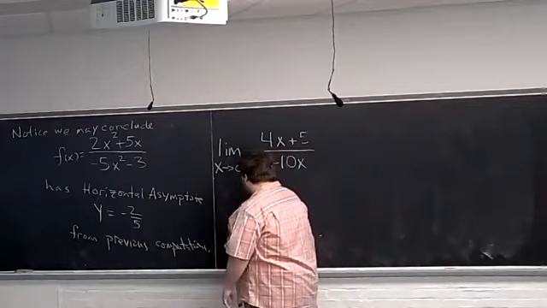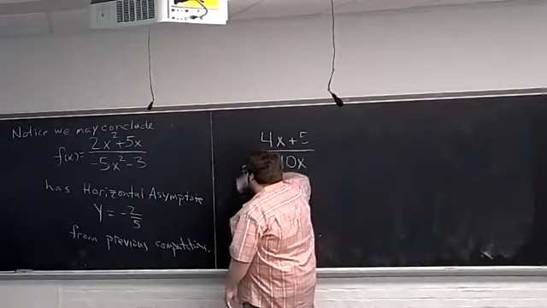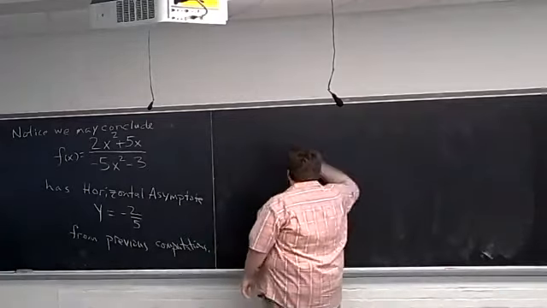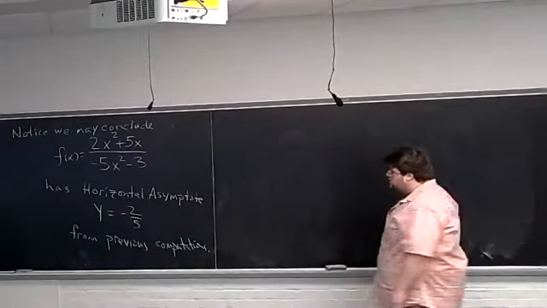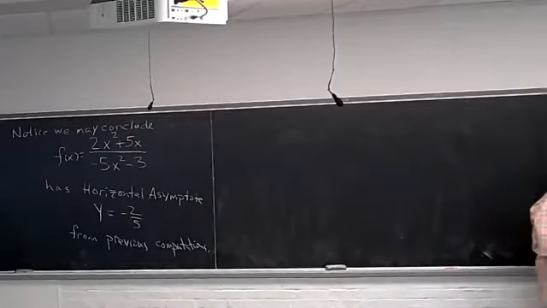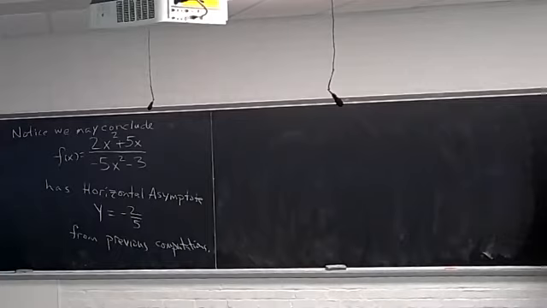On this test, I guess I'll give it away now. I'm not asking a horizontal asymptote question on this test. But I may ask one on the final. Probably will ask one on the final. Any questions about that?